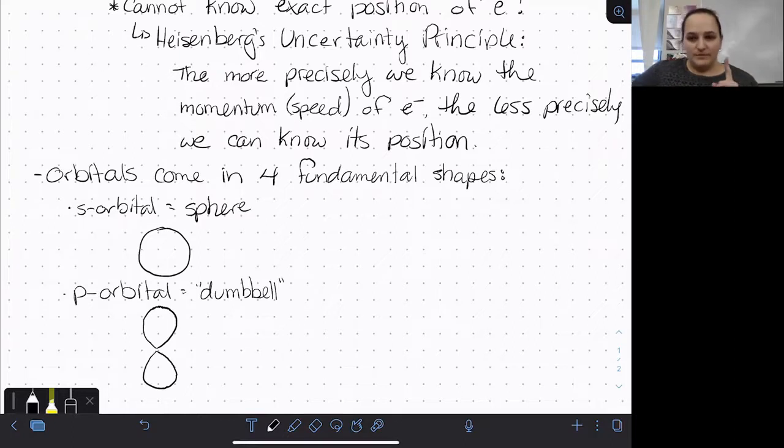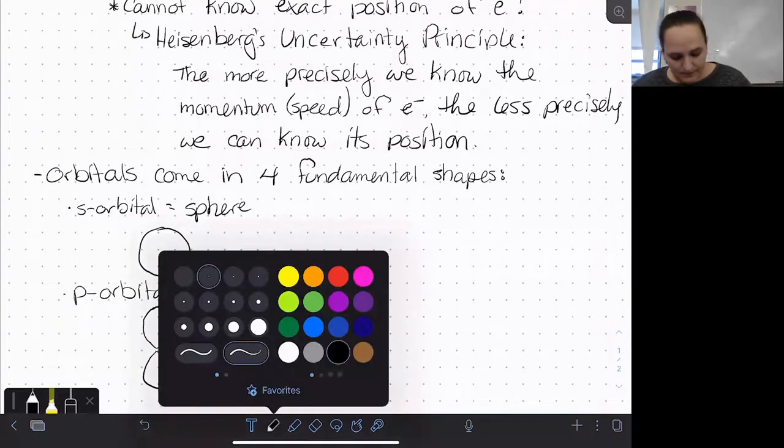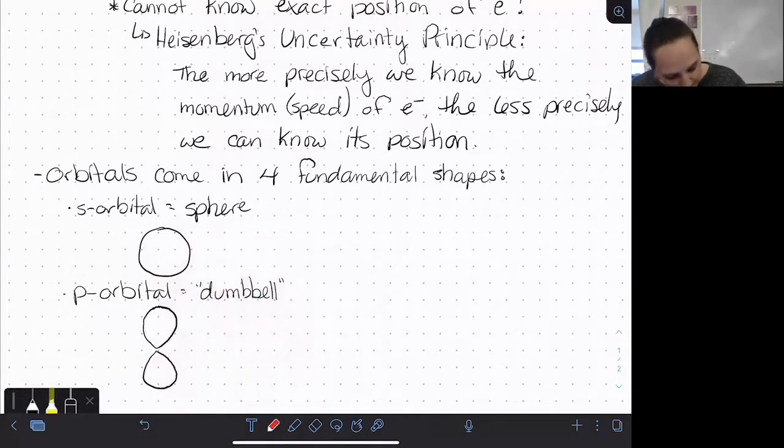Note that I didn't connect those two lobes, as they are usually referred to. There is actually a plane that goes through here where the electron cannot be.